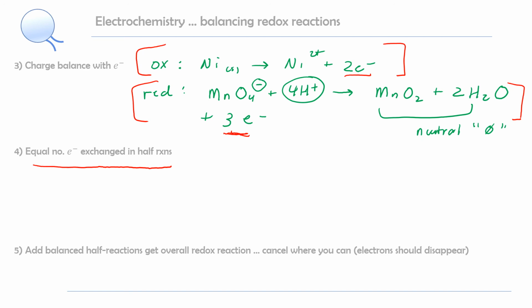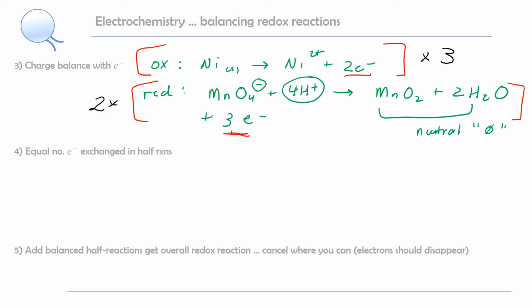Oftentimes this is what you call the least common multiple, right? So 2 times 3 is 6. So in order to get to 6 electrons, I'm going to have to multiply through by 3 up here and multiply here by 2 to get to 6 electrons. Alrighty, so let's do that and see what we get.